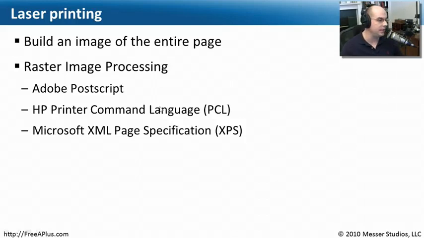So you'll see languages like Adobe PostScript, which was one of the very first laser printing languages that was out there. These days, you'll also see one that HP made popular called the HP Printer Command Language. You'll usually see it abbreviated as PCL. Microsoft also created a specification called the Microsoft XML Paper Specification. You'll see that sometimes abbreviated as XPS.